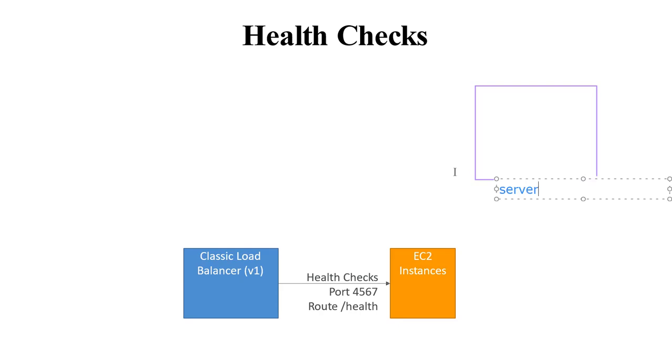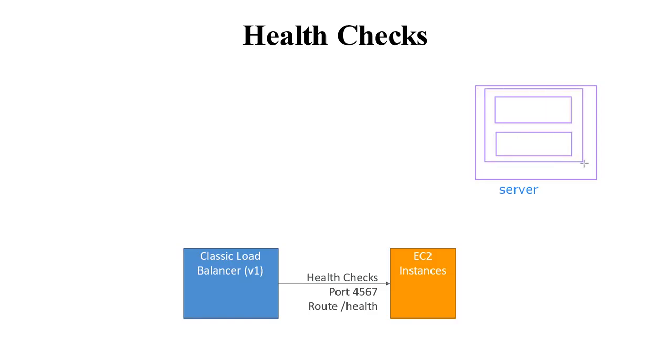So I have the server, and in this server I'm running the Tomcat service. Tomcat on which port? Let's assume it is running on, actually the Tomcat port is 8080.